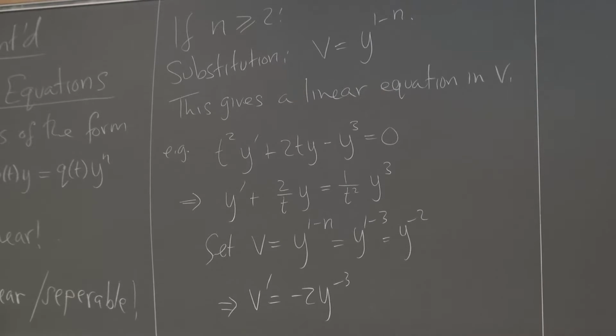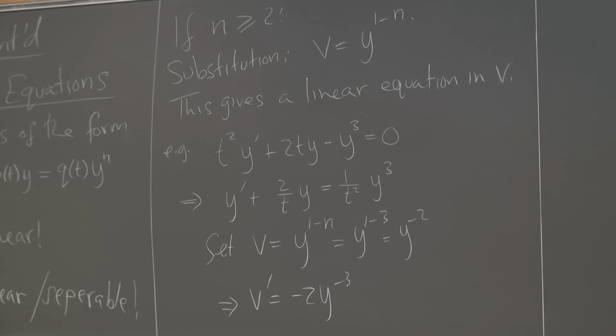How do we get to y prime? We divide both sides by minus 2 to get the minus 2 on the other side. Integrate what? Integrate v with respect to y?